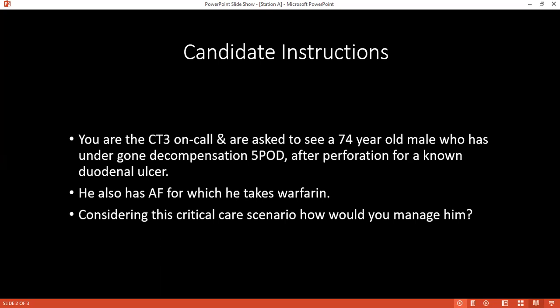Considering there is hyperkalemia, what would you do? How would you manage that? So we have to start with 10 millimole of calcium gluconate over 10 minutes. And then we can go for 50% dextrose with 10 units of insulin on the drip. Then we can run that over 30 minutes.